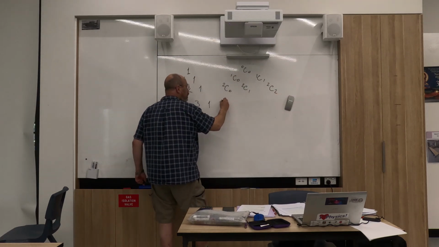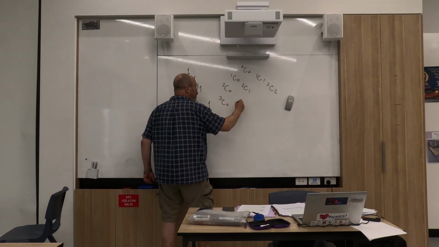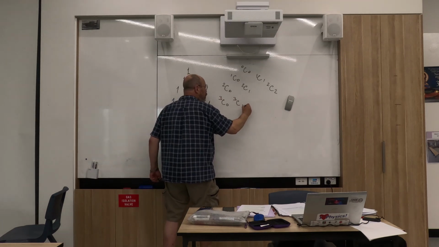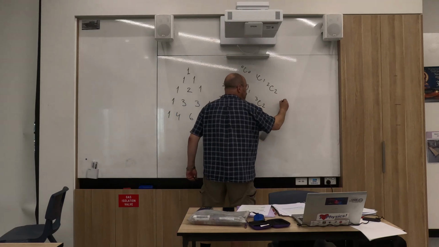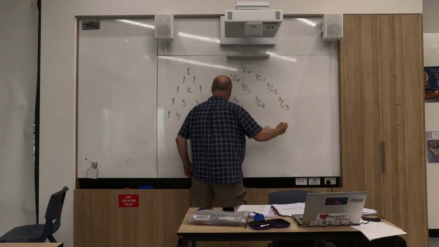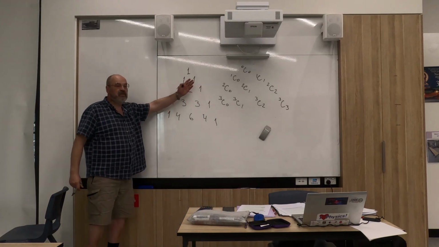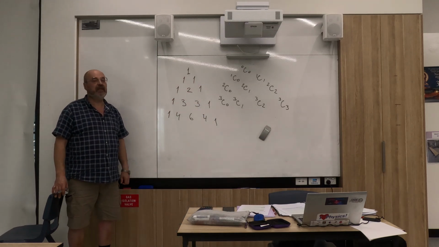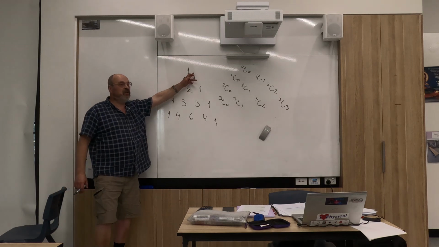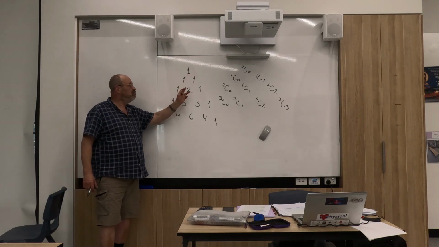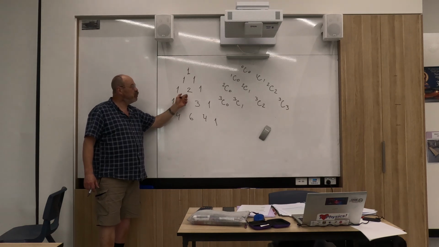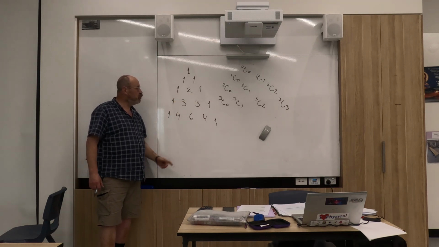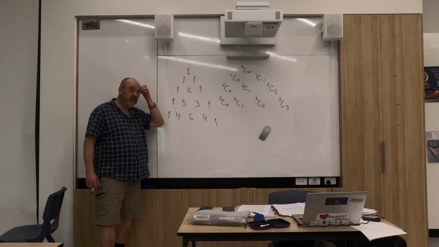Then we get C(3,0), C(3,1), C(3,2), C(3,3). So, as you can see, there is a direct relationship to the number of combinations: 0 out of 0, 0 of 1, 1 of 1, 0 from 2, 1 from 2, 2 from 2, and so on.